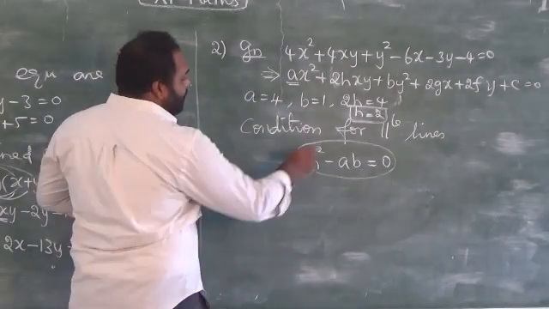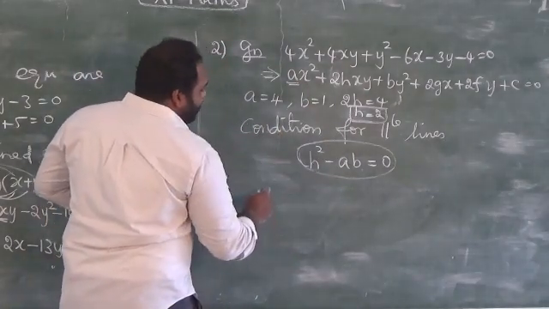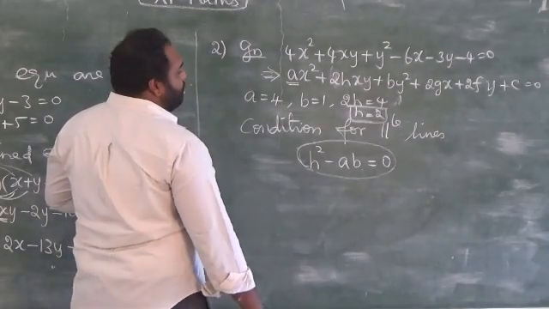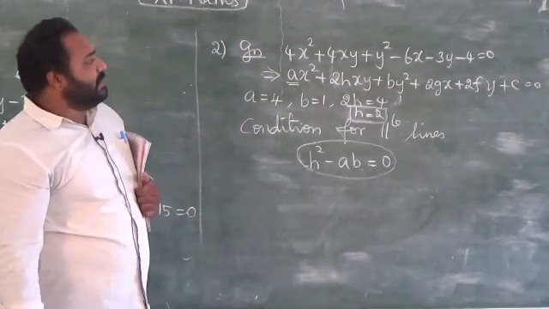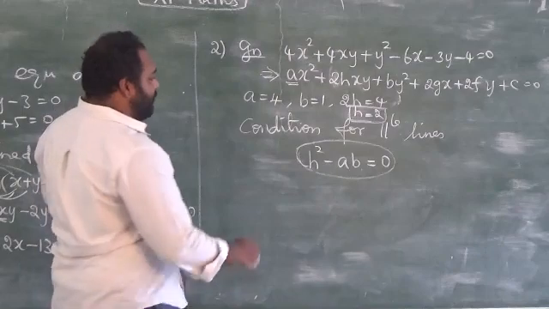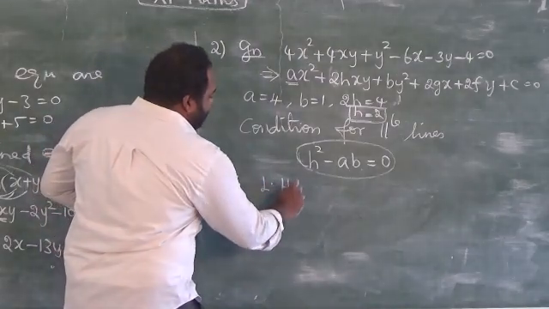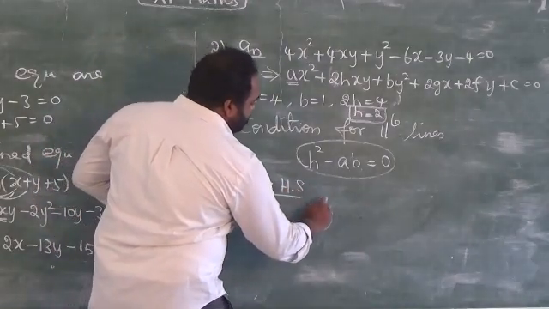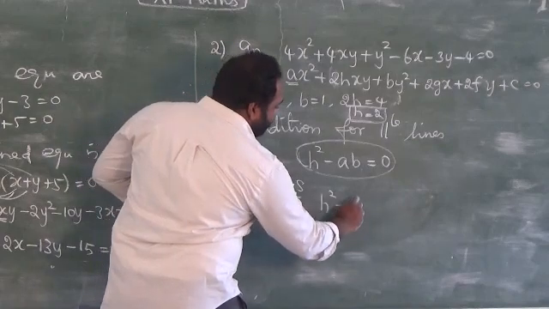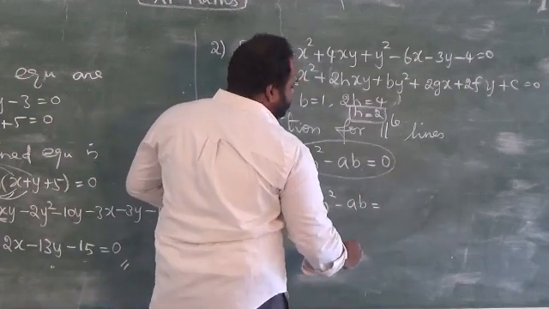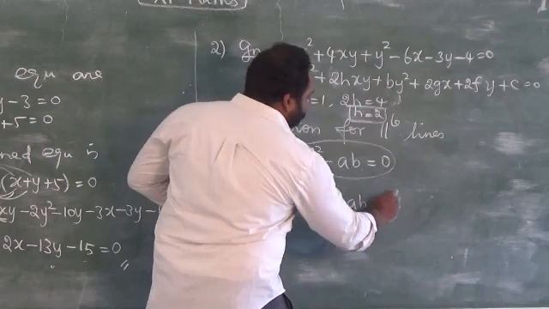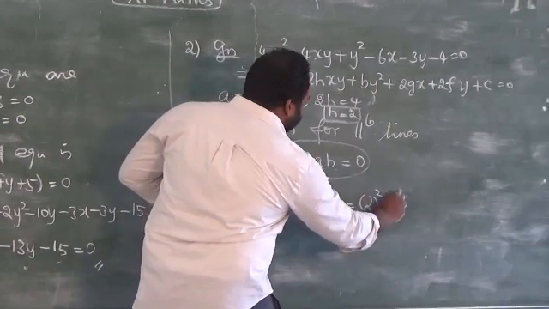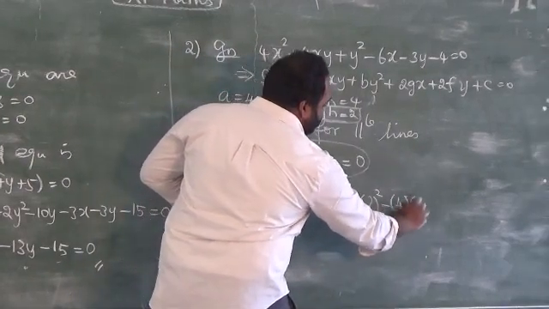Now I am going to apply the values in the condition. If it is satisfied, the given equation is a pair of parallel lines. Okay, now take the LHS and prove the RHS. h square minus ab equal to, what is h square? 2 square minus, what is a? 4 into 1.